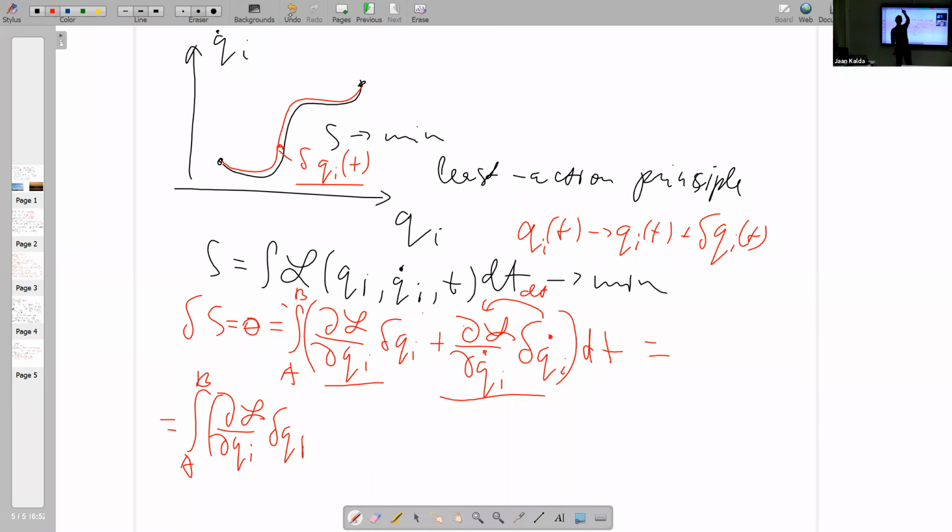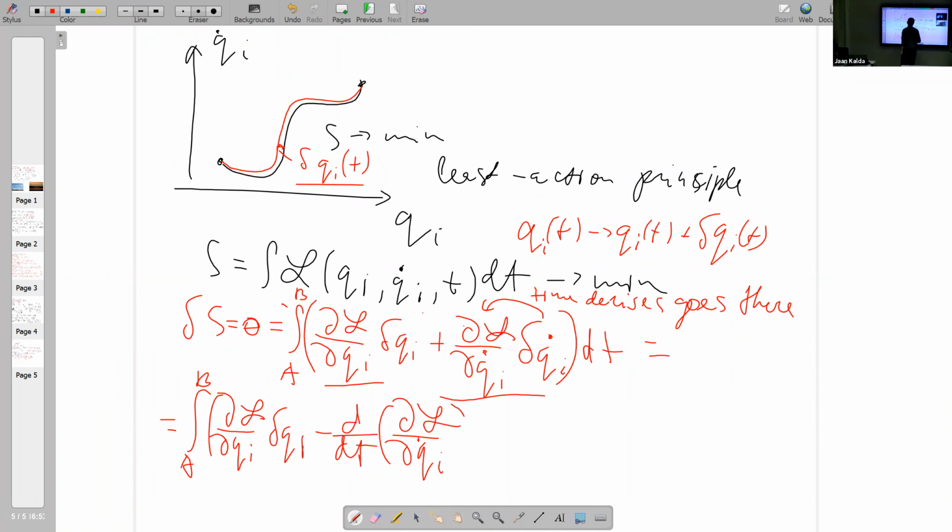But if we do that, the sign goes opposite, right? So this becomes now minus the time derivative d/dt of ∂L/∂qi dot. And this will also have delta qi and dt.